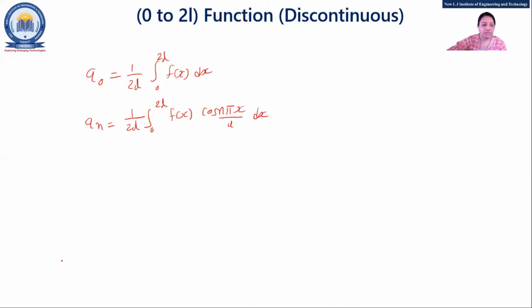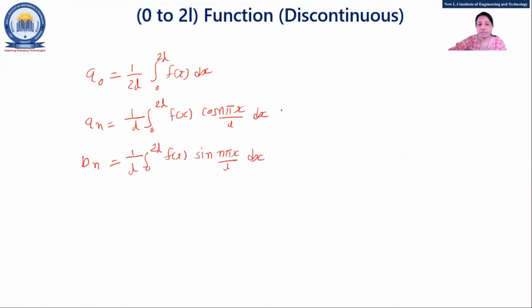Now here there will not be a 2L, only L, with an. Now bn is also 1 upon L integral from 0 to 2L of f(x) with that sine term, sin n pi x by L dx.